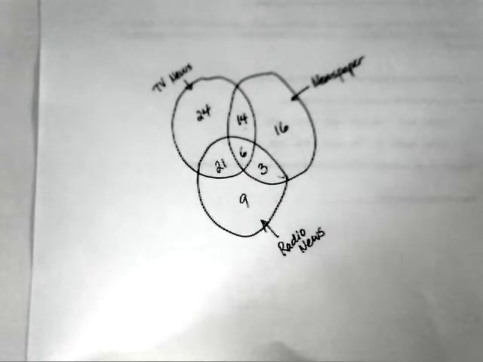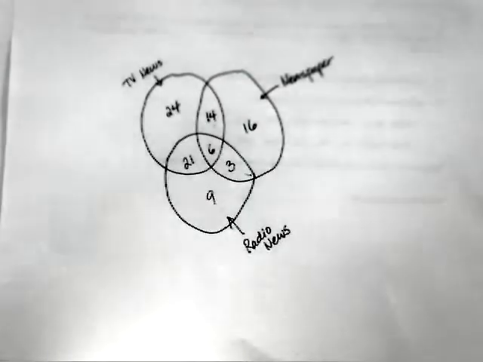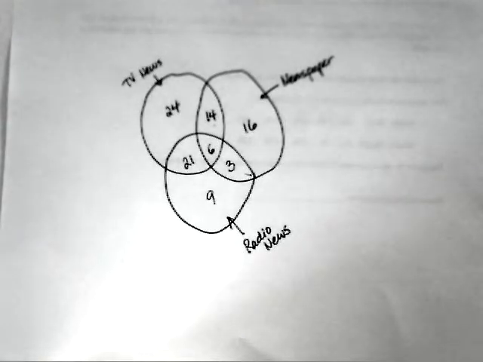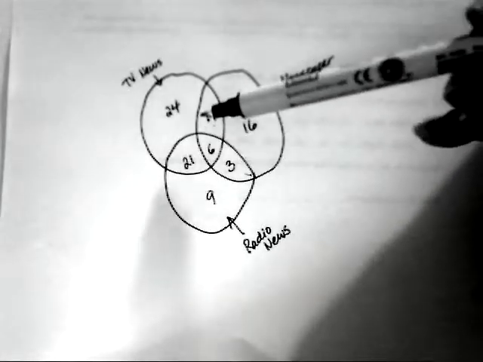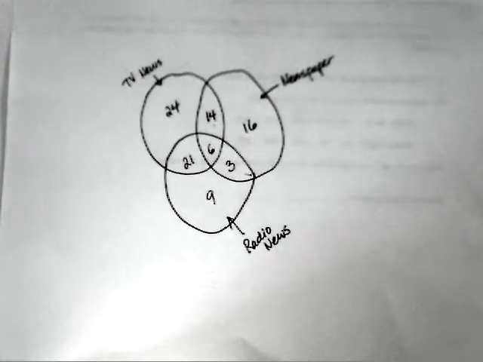Now we want to answer questions like, let's say, how many voters are usually getting their current events through at least one of these areas: the TV news, the newspaper, and the radio news.